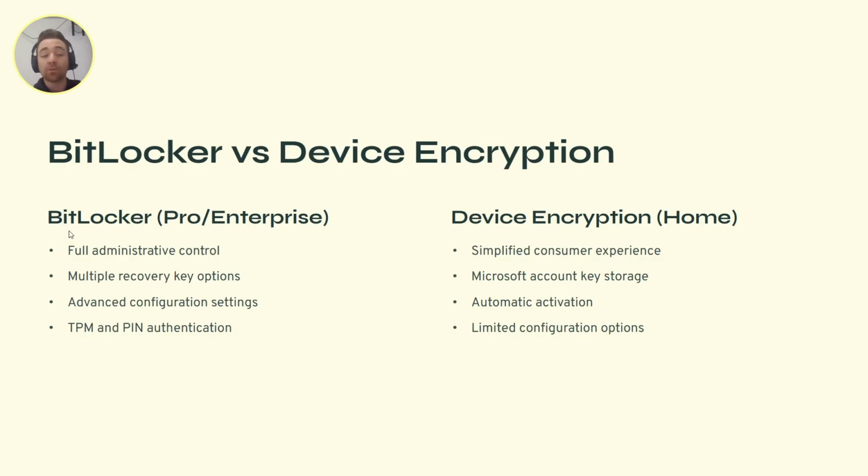BitLocker, in its full functionality, has full administrative control, has multiple recovery key options, has advanced configuration settings, has TPM and PIN authentication. Okay, so TPM, we should remember from Core 1 what that is. Basically, it's like a method of encryption that's on the device itself, right?